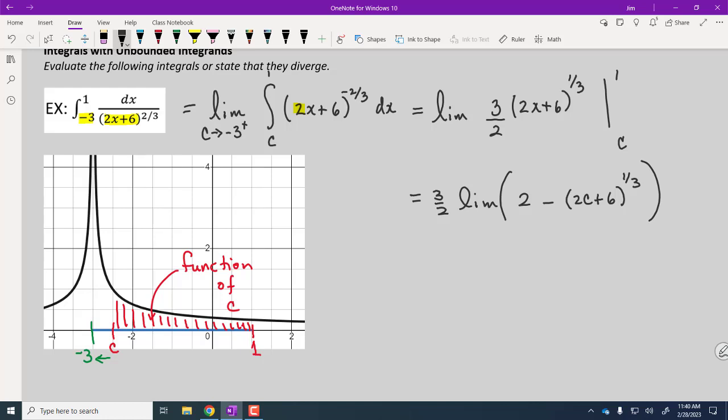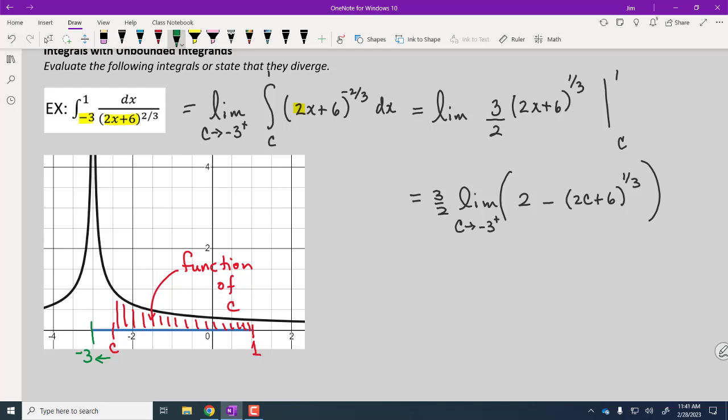So we have that. And this limit is as c goes to -3 from the right. And what does 2c plus 6 approach as c approaches -3?